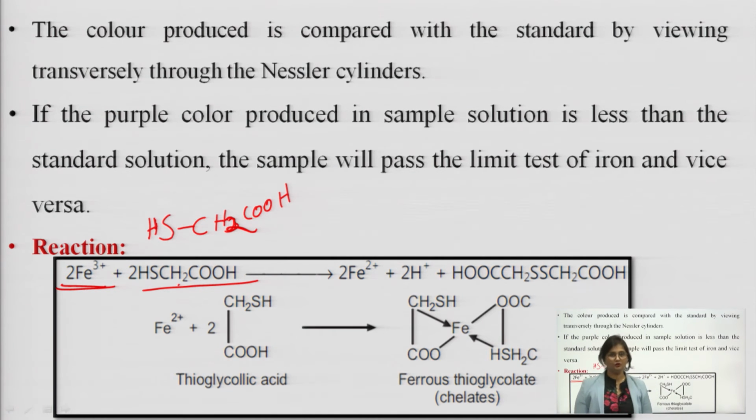So, now this thioglycolic acid, first of all, in step 1, reduces the iron. What happens in step 1 is, iron in its Fe3+ state reacts with thioglycolic acid and gets converted into its reduced state Fe2+.